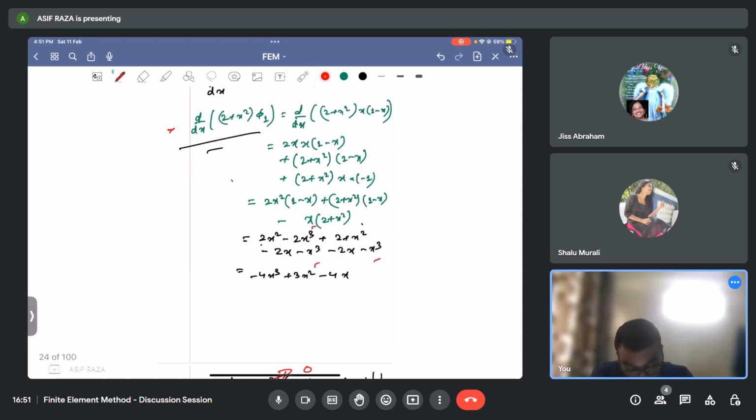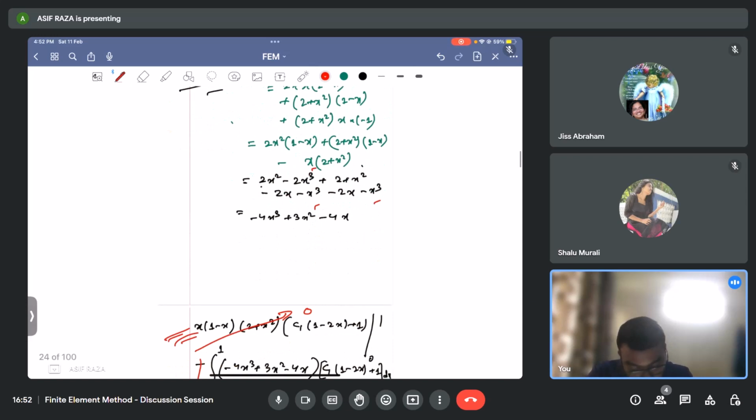Then this is equal to 2x square minus 2x cube plus 2 plus x square, minus 2x minus x cube, so minus 2x and minus x cube.